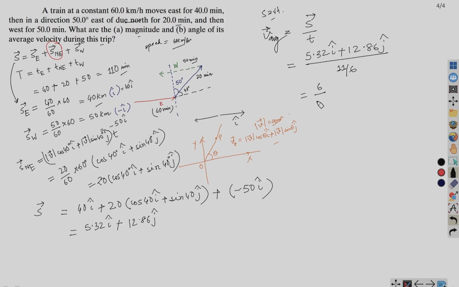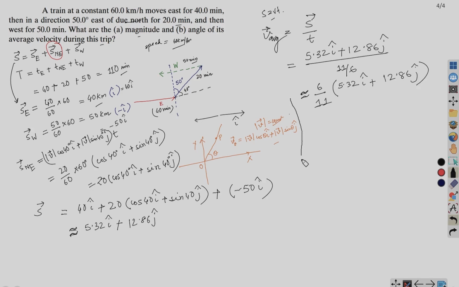So it is something like this, 6 by 11 times 5.32. By the way, this is an approximate value, because cosine 40 and sine 40 we have obtained approximately, so it is better to write this as approximate. Plus 12.86 j cap. This is the average velocity.